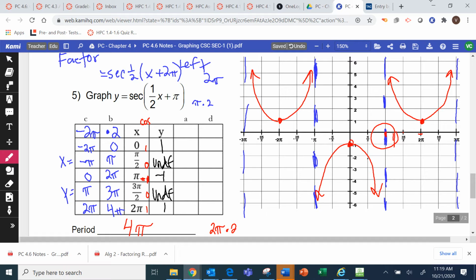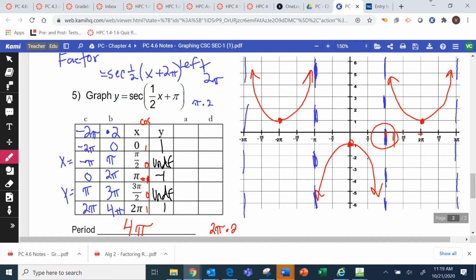Piece of the graph with the U shape. How many pieces of this graph are there? Infinitely many. So I am not going to write this in interval notation. We're going to write it in set notation instead.